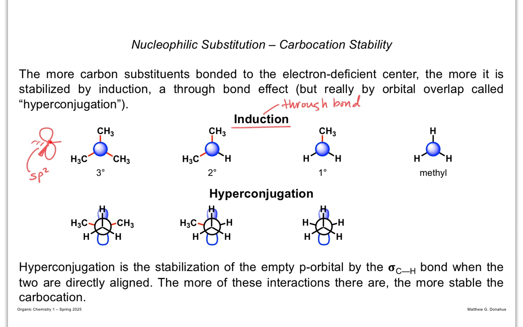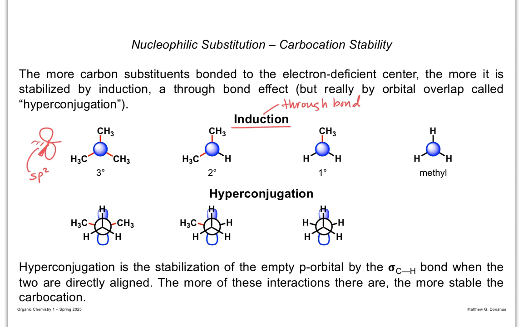So here's our sp2 hybridized carbon. We have these 3 bonds coming off it. We have the p orbital. Now imagine putting your eyeball either above or below. And then what you're looking at here is the top of that p orbital looking down that axis.